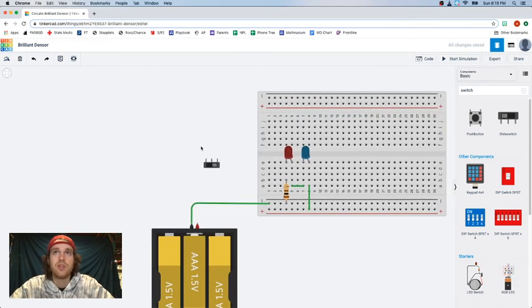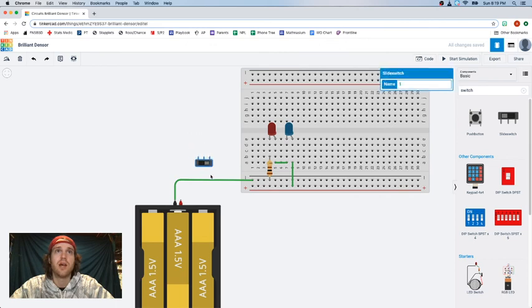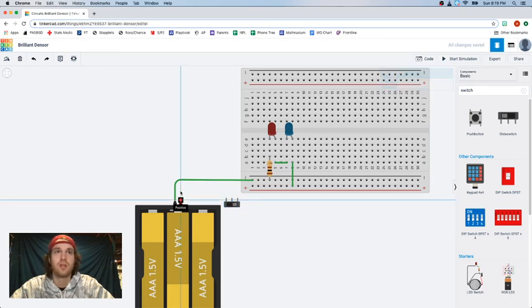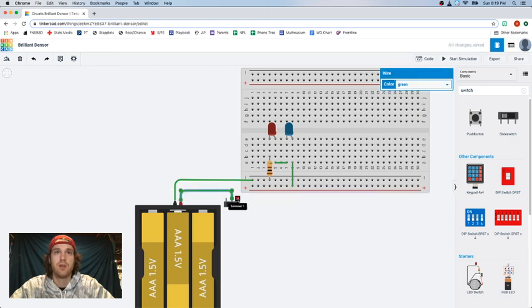Typically, with these switches, you supply the power to the center pin and then use one of the other ones to travel. So I'm going to come through here, around and down to the center pin, and then up and over to the red side here.